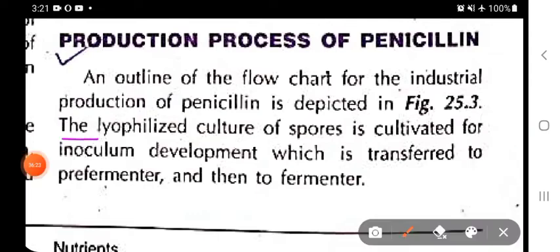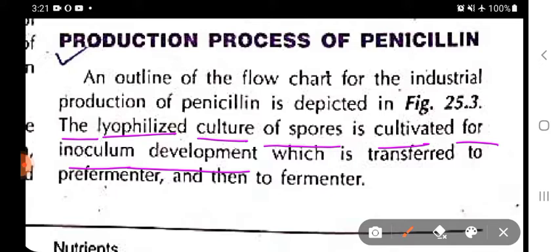So the lyophilized culture of spores, where spores are the fungal spores that we normally say, is cultivated for the inoculum development. We have to take it somewhere as a starting material. So Penicillium chrysogenum spores are being obtained from the culture, and that culture has been taken from somewhere.